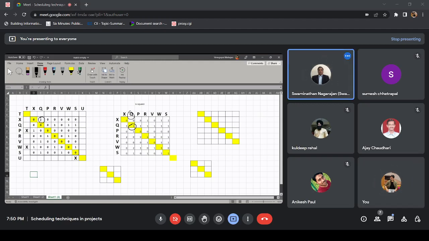So q is giving information to x, x is giving information to w, and w is giving information to q again. So by matrix multiplication we just identified that this activity is in a loop. We don't know which loop, we still have to find out the loop, but we got a starting point.